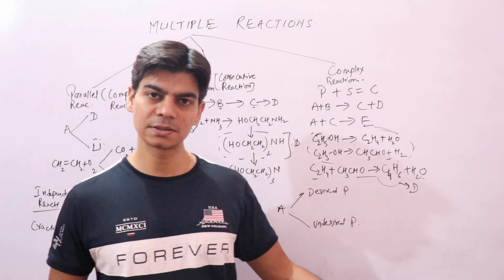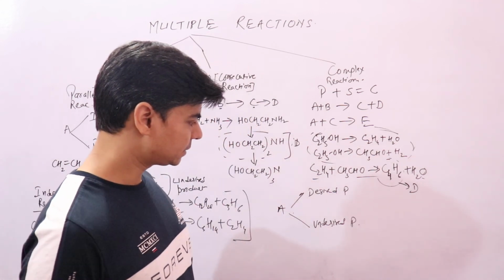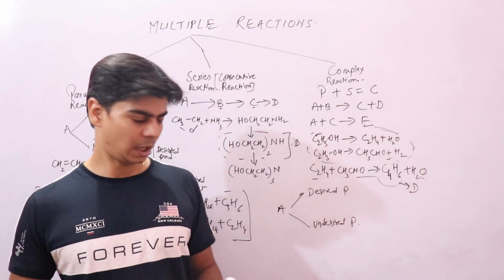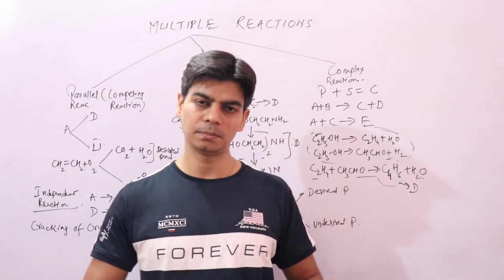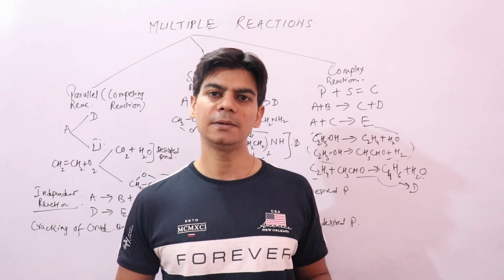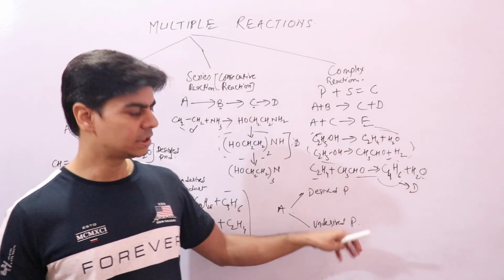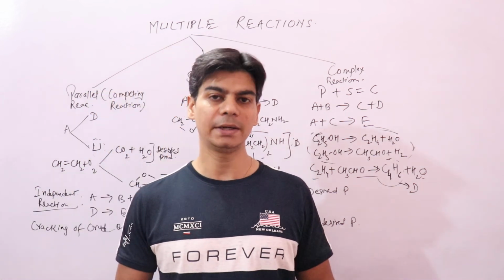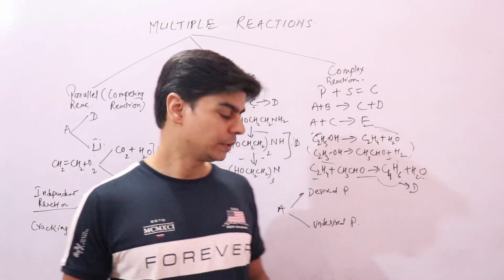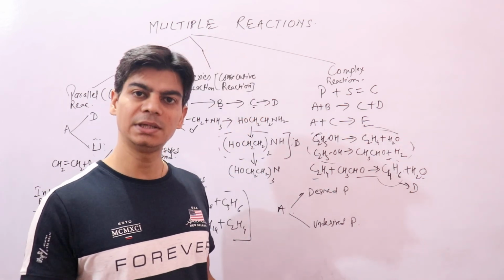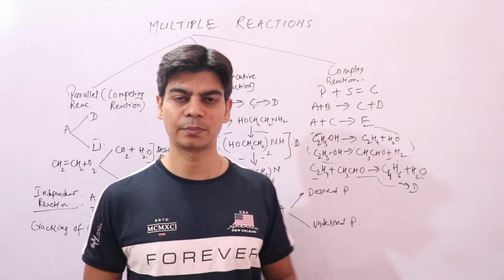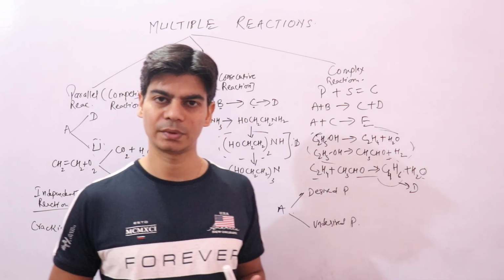The other option is to take a low cost reactor, where you will get undesired product. Later, you have to invest in separation techniques, because finally you have to separate out this undesired product from the desired product.